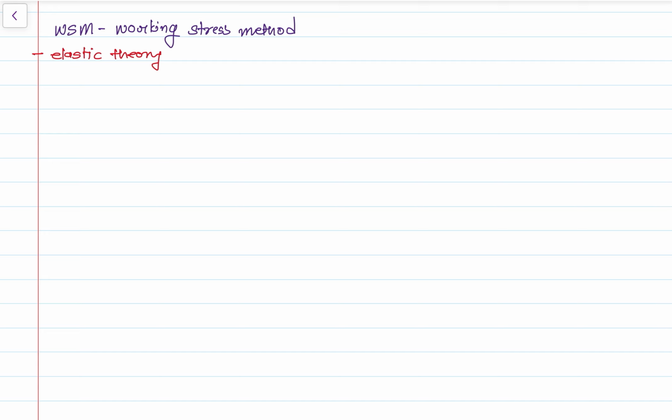Now, in this method, safety is ensured by keeping the working stress less than the permissible stresses we have. How is it justified?